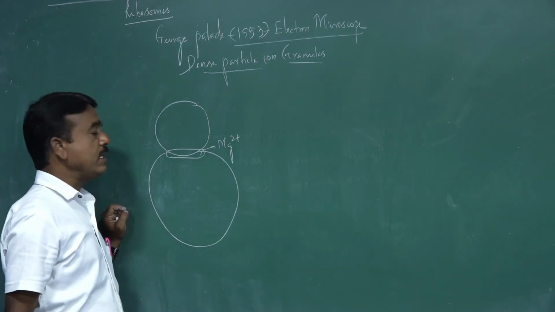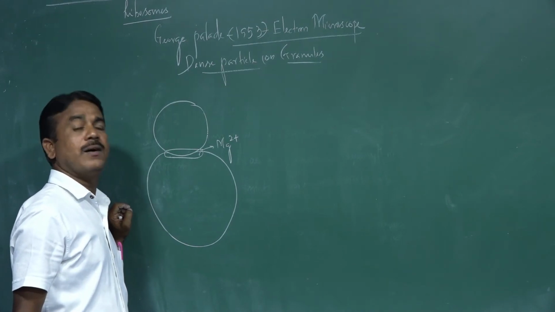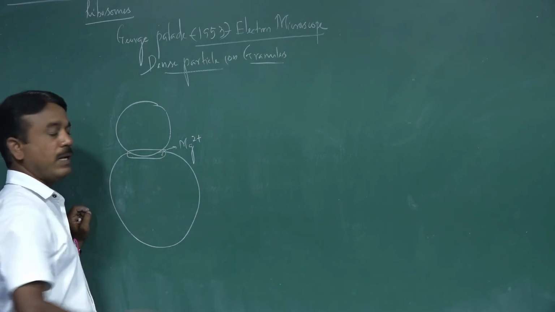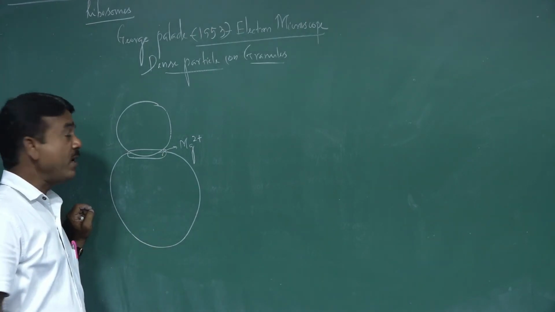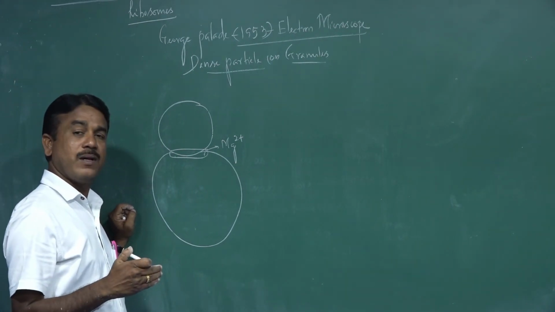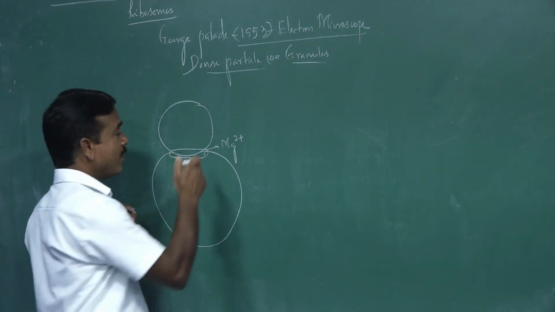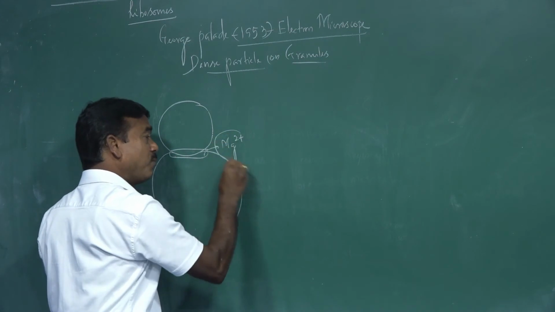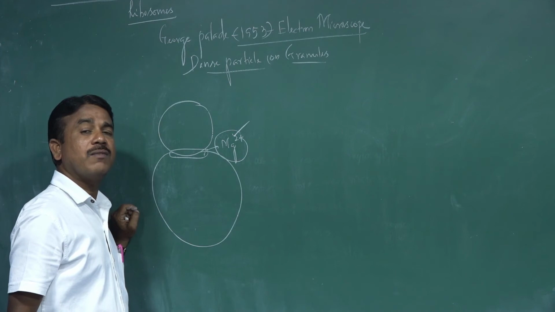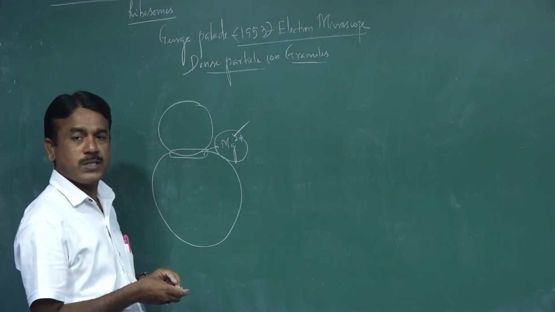Without the presence of magnesium 2 plus ion, the two subunits are not united together. It gives structural coherence to the ribosome and helps in binding the two subunits.